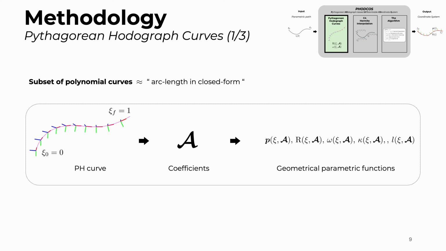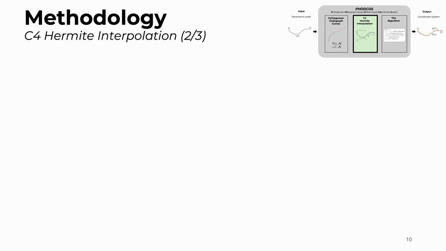Using these geometric properties, we will be able to reconstruct our coordinate system. This raises the obvious question of how do we find the coefficients that we specifically want according to the parametric curve that the user provides? To answer this question, we have to move into the second ingredient.